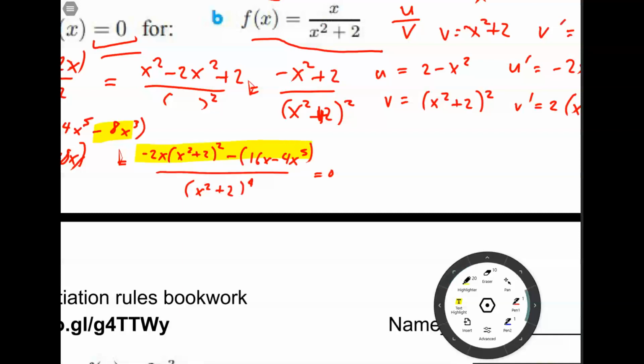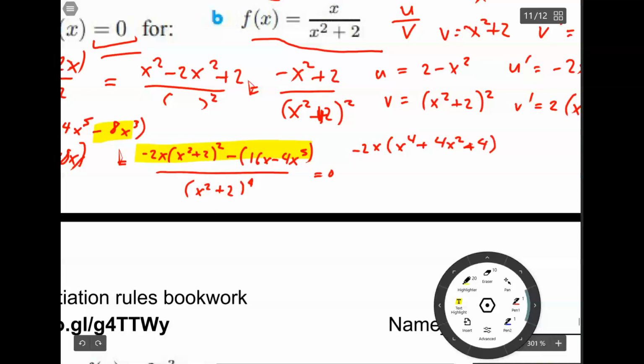So I think we're going to need to expand everything. So we'll put minus 2x times x to the fourth plus 2 times 2. We're using binomial expansion here. It's going to be 4x squared plus 4.